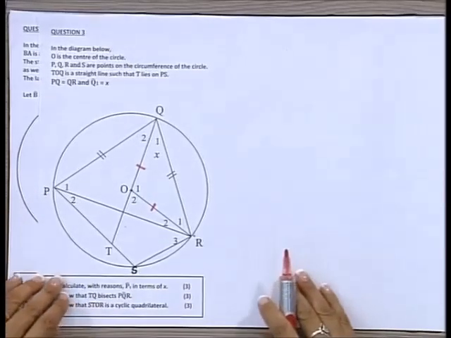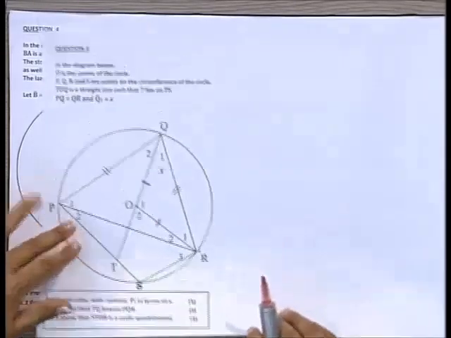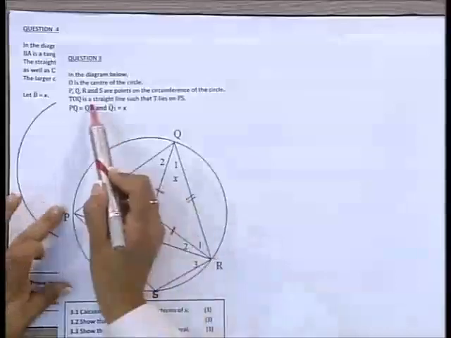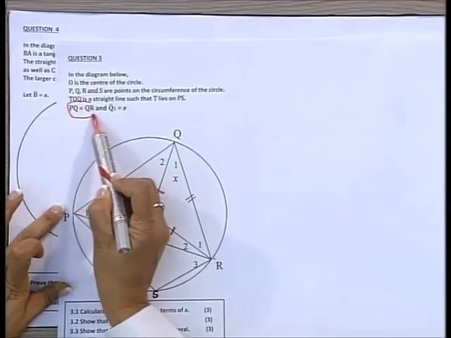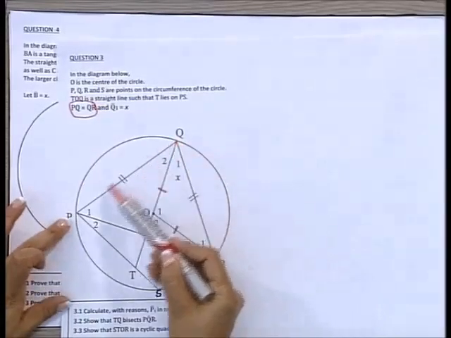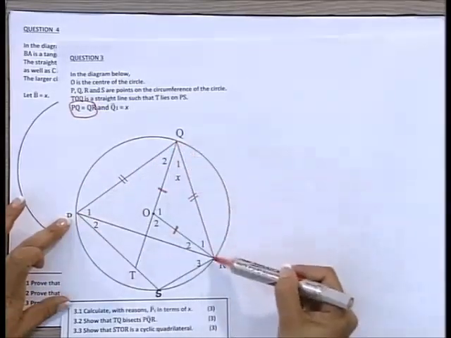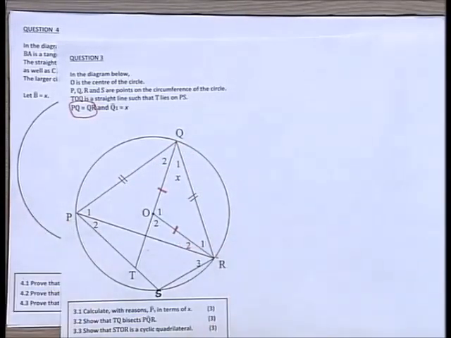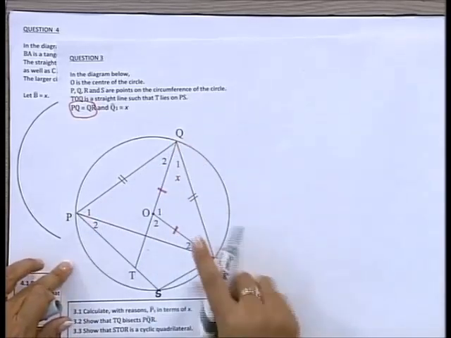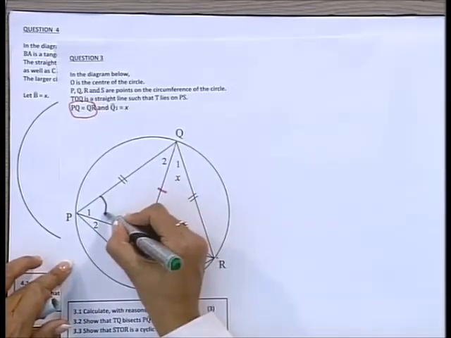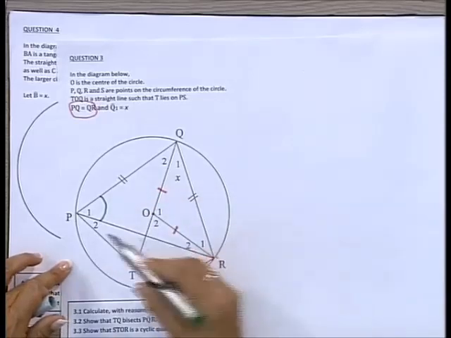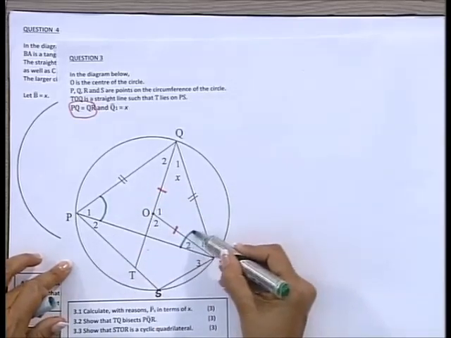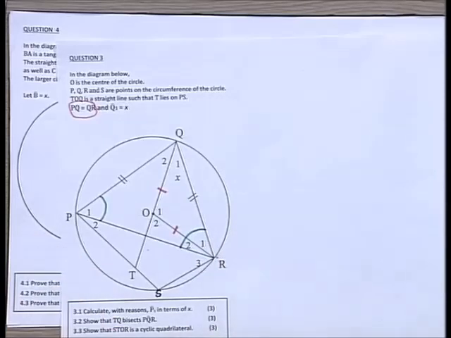Okay, furthermore, it gives me a very, very important bit of information. It tells me that PQ is equal to QR. So absolutely this forms an isosceles triangle again, where the base angles will be equal to each other. Do you agree with me that P1 will be equal to R1 plus R2?